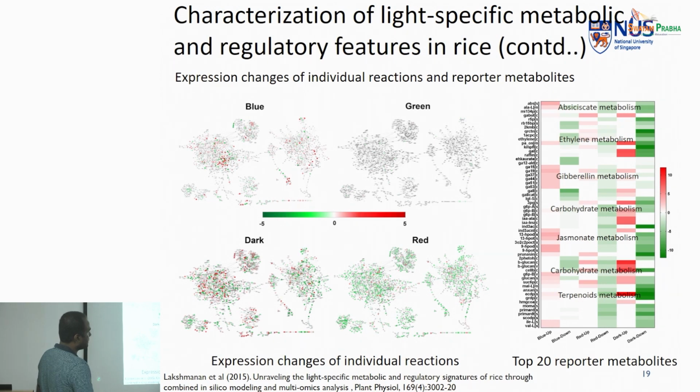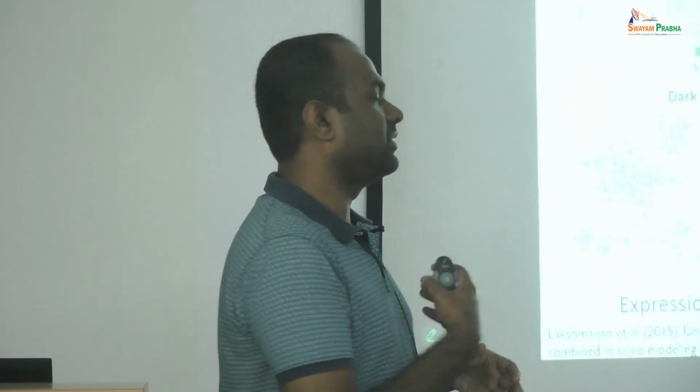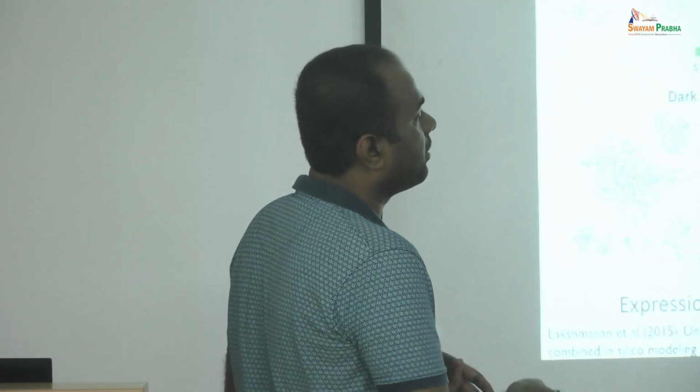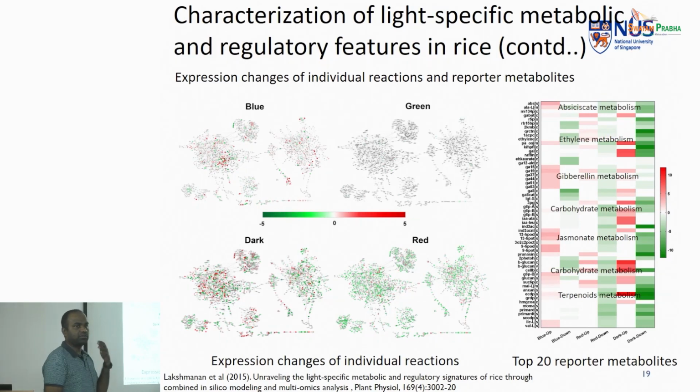They were almost non-existent in the dark. Some of them were upregulated in red and some were upregulated in blue. This probably indicates that the combined role of secondary metabolite synthesis and plant hormone synthesis has a different outcome. Blue may favor more carotenoid biosynthesis, which may contribute to the smaller plant size, whereas red may contribute more to plant hormone synthesis, which may have a role to play in the taller plants.